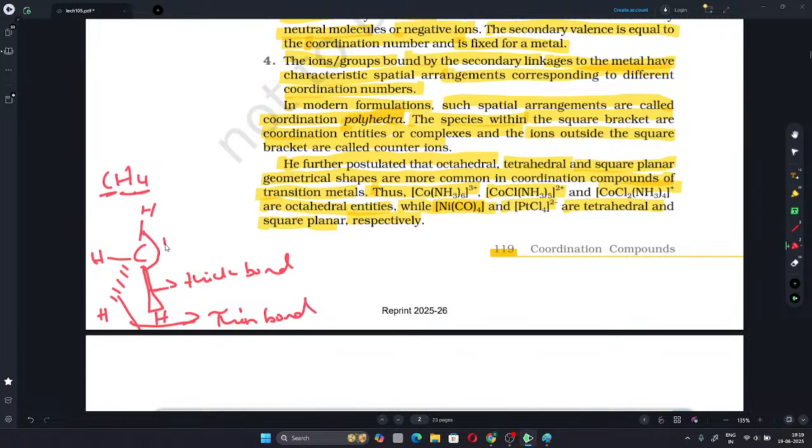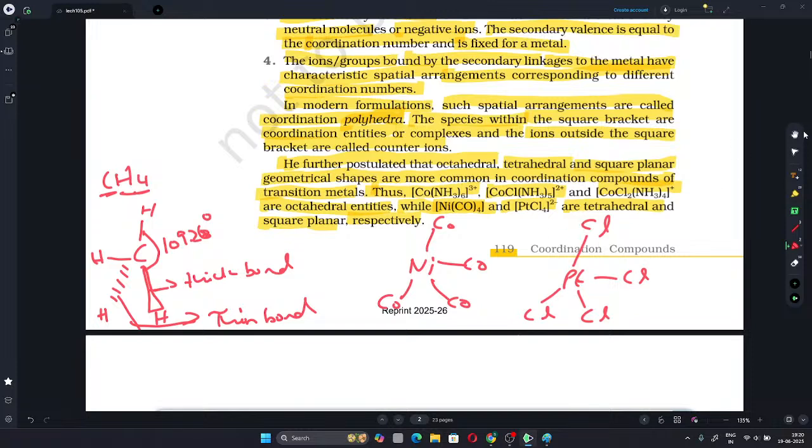The angle being 109 degrees, 109.28 something degrees, 26 I believe, I'm not sure. The same way, this will also be along with platinum, arranged in a tetrahedral manner.